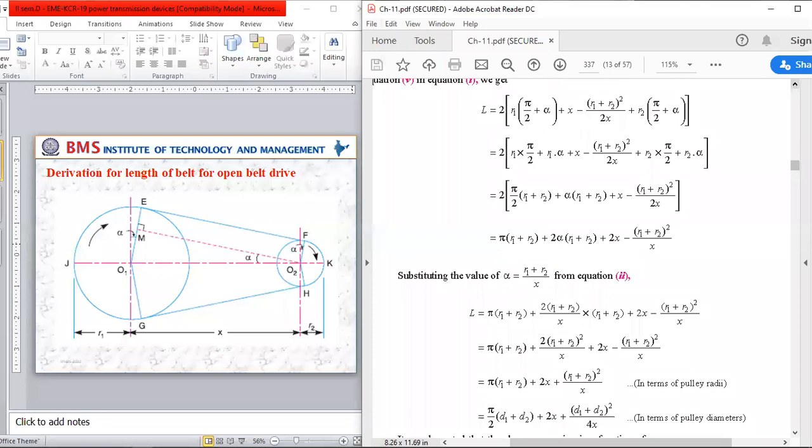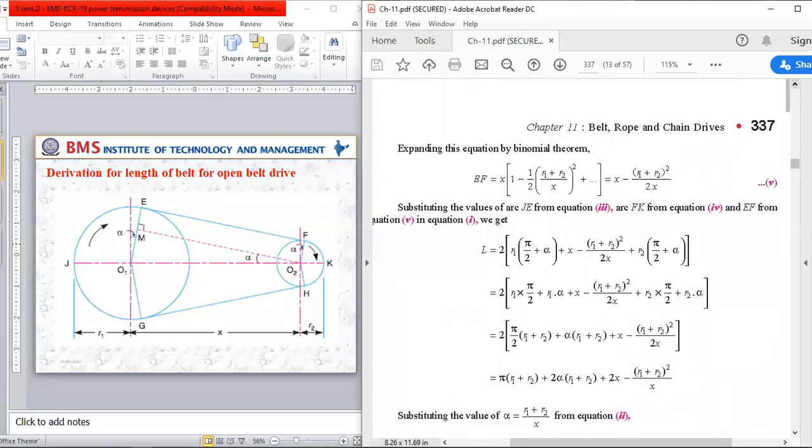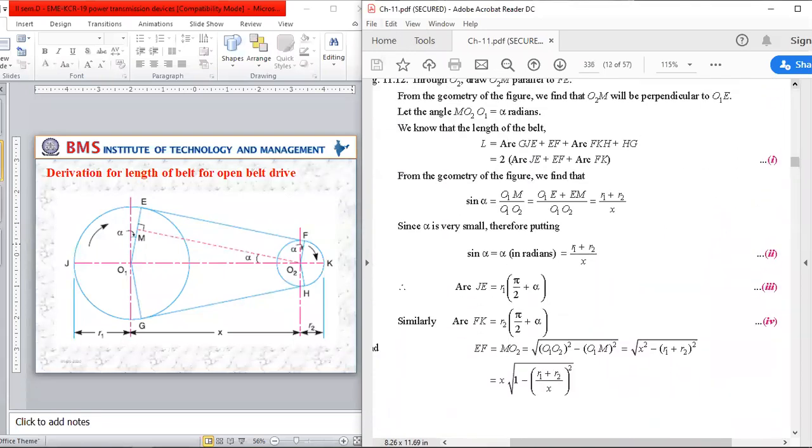Here if you look at it, 1 plus x whole to the power of n is equal to nC0 plus nC1 into x plus nC2 into x square and so on. Similarly, 1 minus x whole to the power of n is equal to nC0 minus nC1 into x plus nC2 into x square minus and so on.